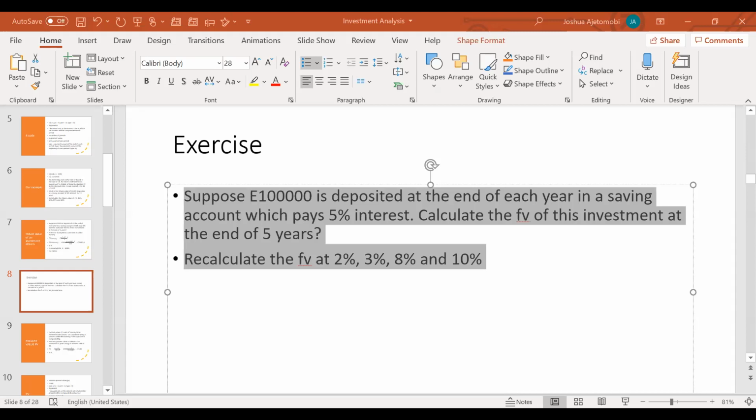So do that for 3%, 8%, and 10%, and let's see where we are. For 3%, it is 530913.6.